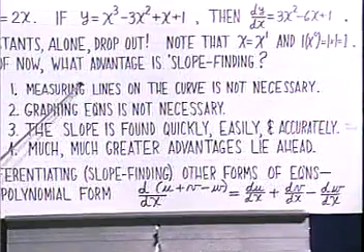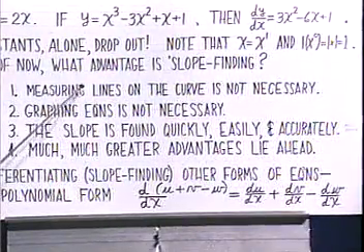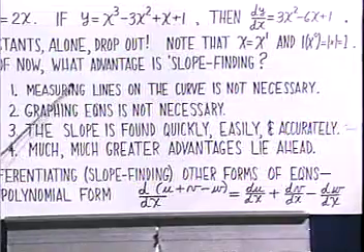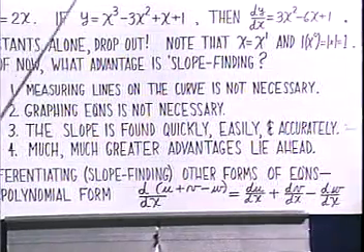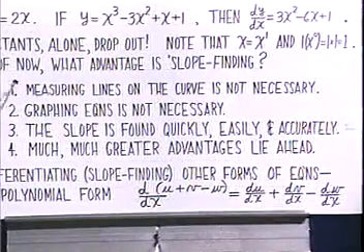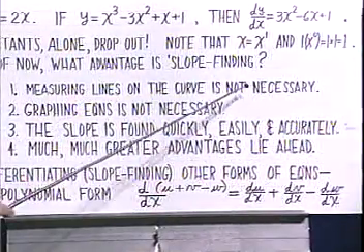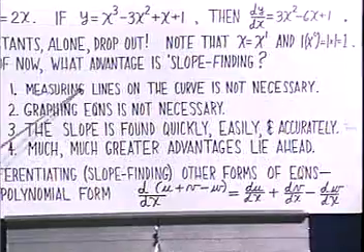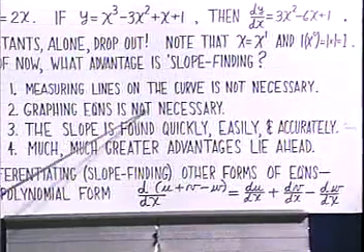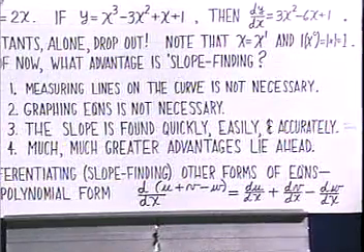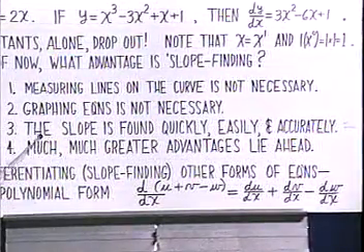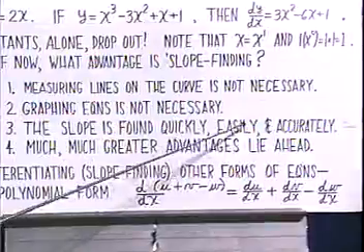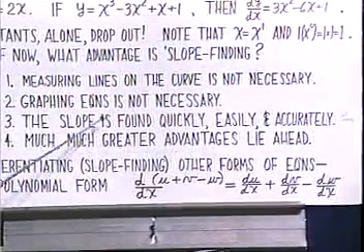You try putting a tangent line exactly on the point you're looking at and get the tangent line exactly at the correct angle. It's very difficult. You'll always make a mistake trying to do it that way. And you don't even have to graph the equation anymore, because you can just look at the equation and differentiate it. Now the slope is found quickly and easily and accurately by this method.